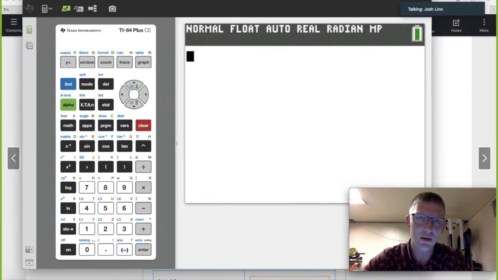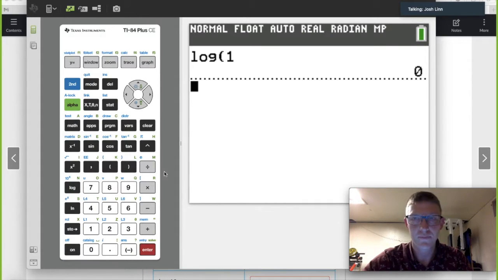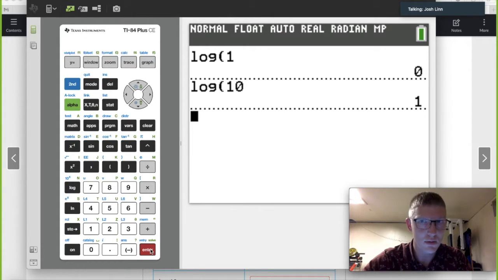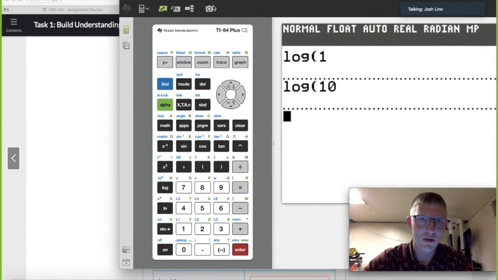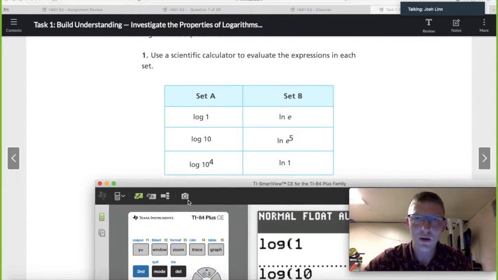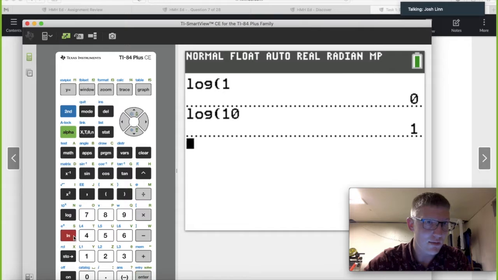So let's see here. We got log of 1. Remember, when it's just log of no number, that insinuates log base 10 of 1. So 0. The other one was log base 10 of 10. That, you should know that one. Log base 10 of 10 is 1. And then log base 10 of 4. We're going to do the natural logs, though. Natural log of e. That one you should probably know.